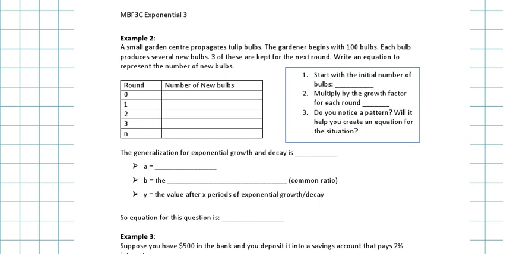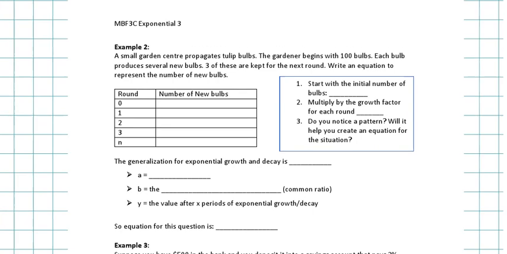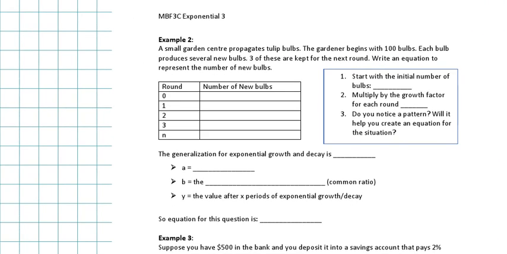So basically, if I have 100 bulbs to start with, I'm just not going to draw 100, but let's say this is my first 100. What's going to happen? How much I'm going to take from each one of these? 3. So in the next round, how many new bulbs I'm going to have? How many new ones I'm going to have? 300 in the next one.